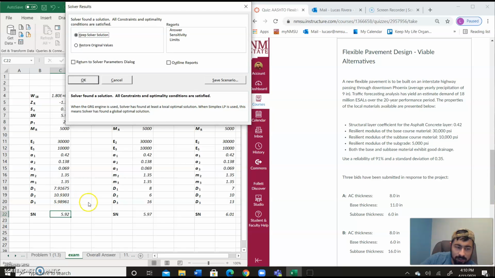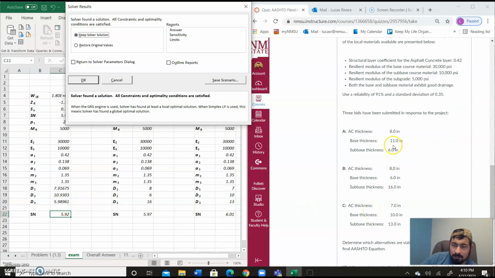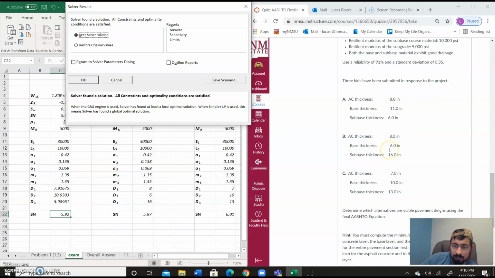7.9, 10.9, and that. So this one would work. That one would work. That one would work. I don't think that one would work.